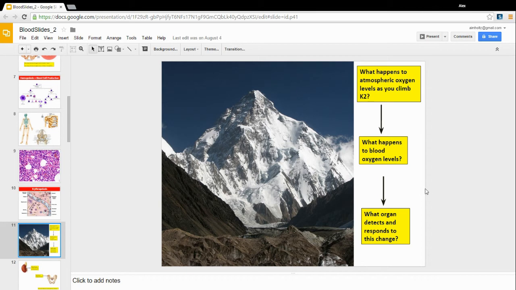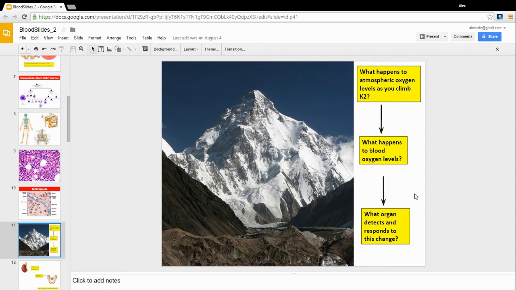All right. Let's consider a scenario here. What would happen to the atmospheric levels of oxygen as you climb this really high mountain called K2? Well, as you go up and up and up, oxygen levels in the atmosphere go down.